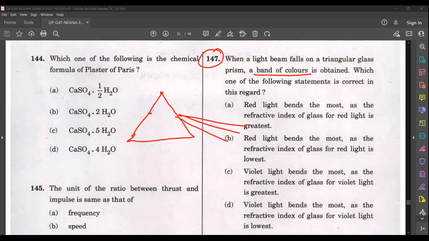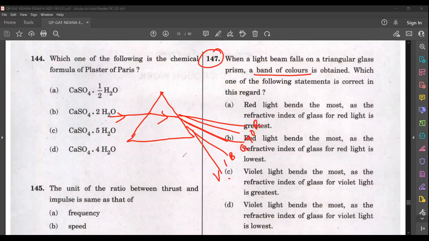White light splits into its component colors. That is known as dispersion. We obtain 7 colors: violet, indigo, blue, green, yellow, orange, red. VIBGYOR, isn't it?